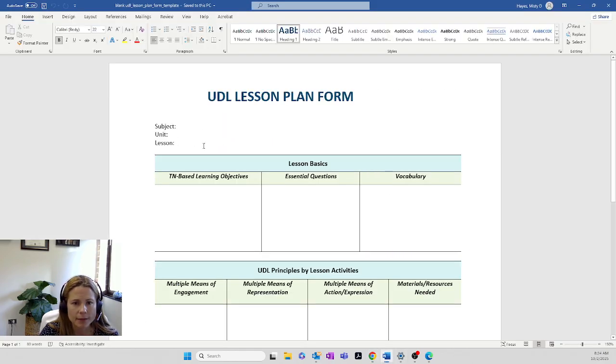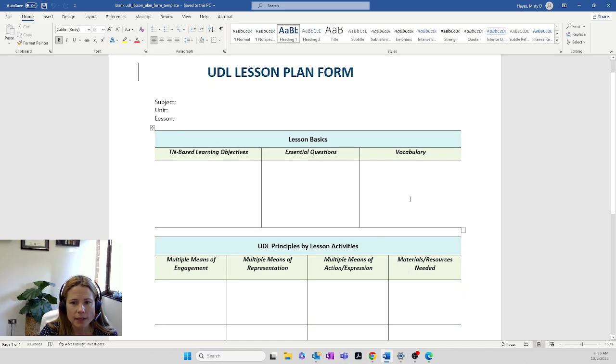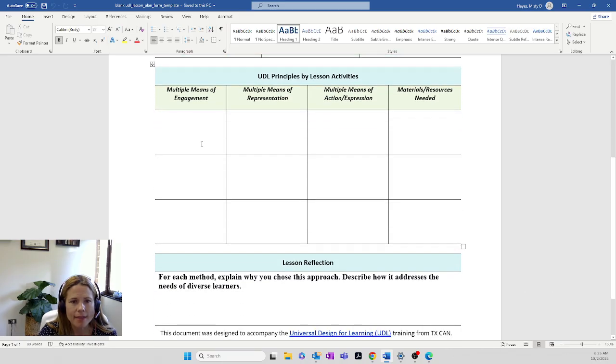And then your lesson, right? So you would list the state learning objectives. The essential question would be what you wanted them to learn. Again, it's going to come from your standard. And then any vocabulary you would need for that lesson. And then we're going to start filling out multiple means of engagement, multiple means of representation, multiple means of action and expression, and then the materials you would need for each part.